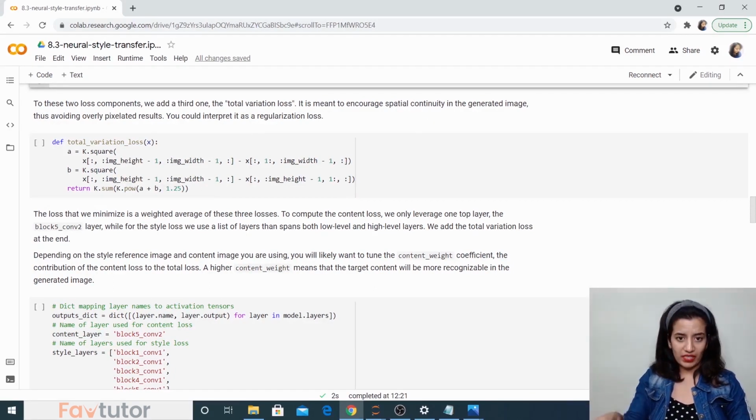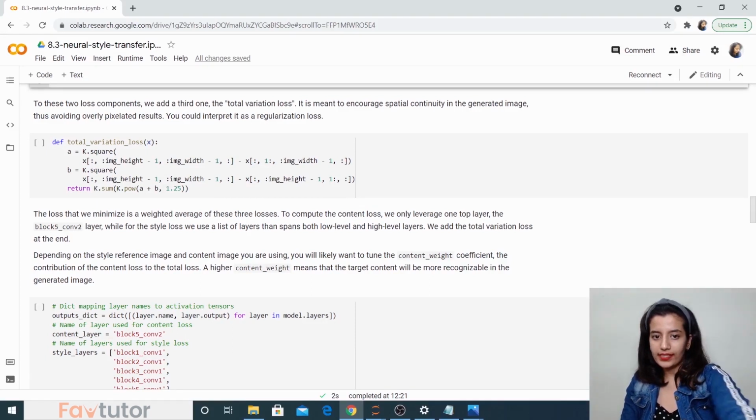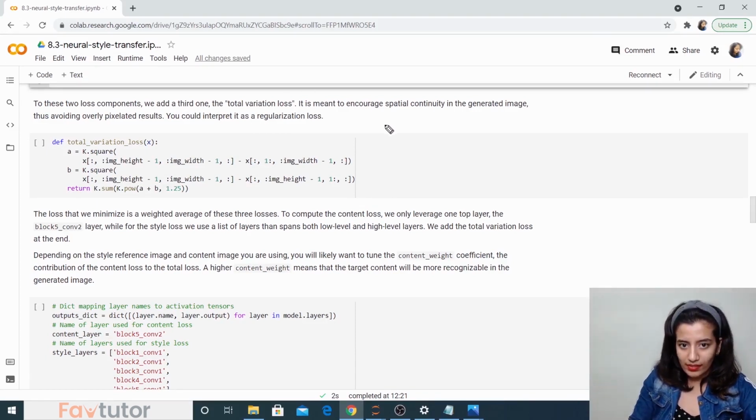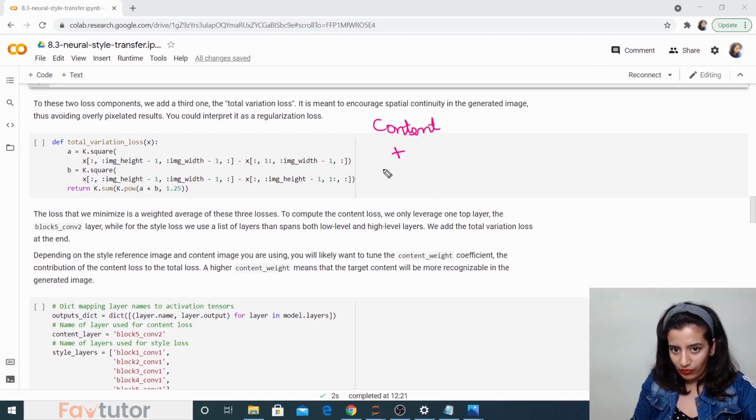So what does that mean? We have already seen that the loss is nothing but the content loss and the style loss. So what is this variation loss now? We know that the content plus the style of an image, the total combination, will give you an image which is generated.